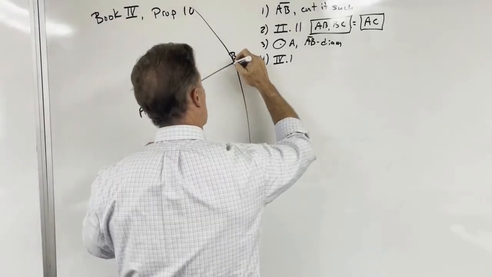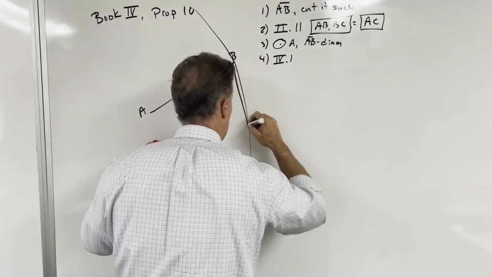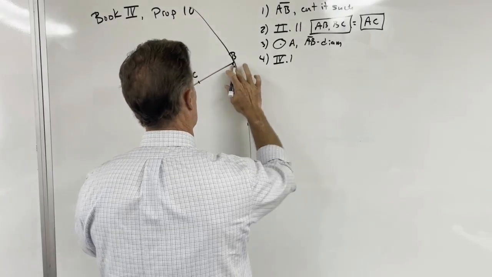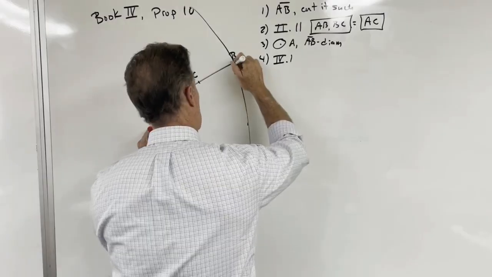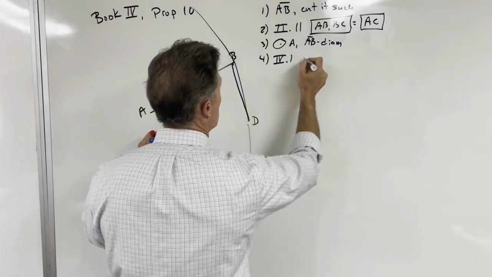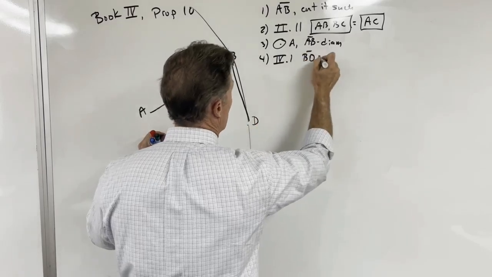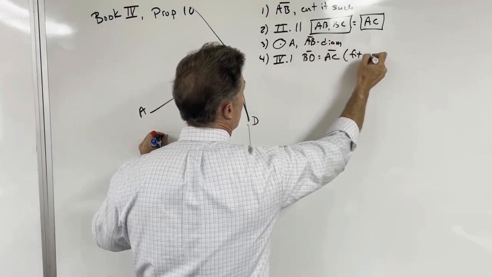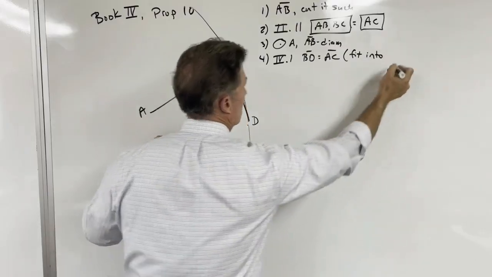So let's do that. We need it to be as long as AC. So let's say BD. So we're going to make BD equal to AC, and it's going to be fit into our big circle.